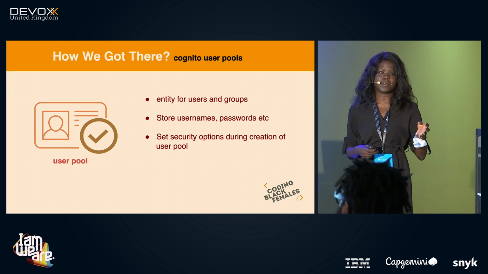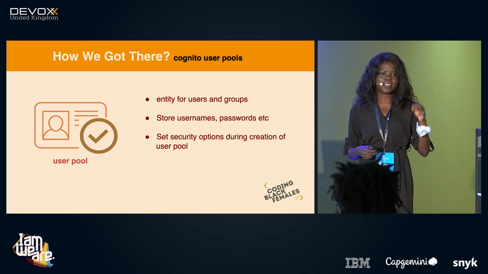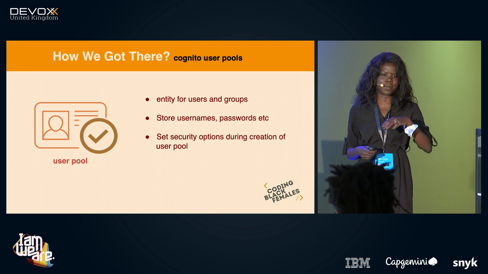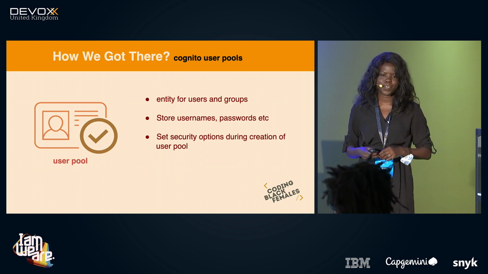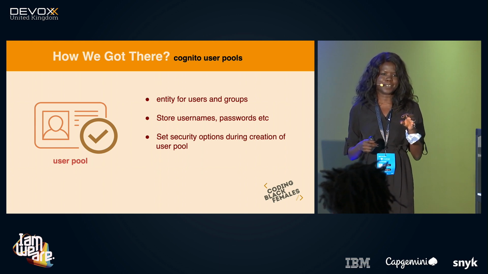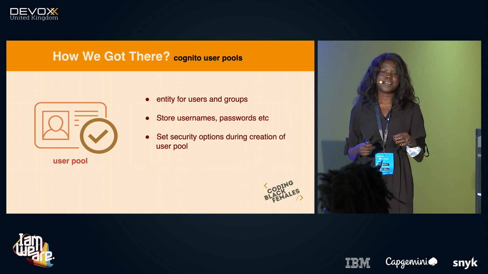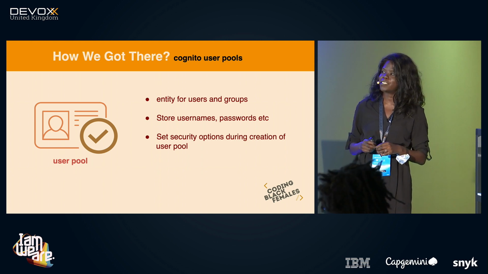We trusted AWS, so we thought, if AWS goes down or something goes down, they'll still have the user's information and passwords and all of that stuff. But what happens if one of your developers accidentally deletes your database? That is a problem.